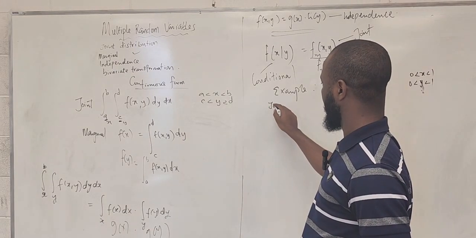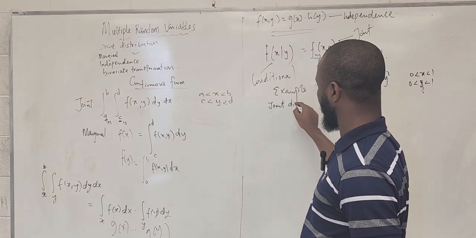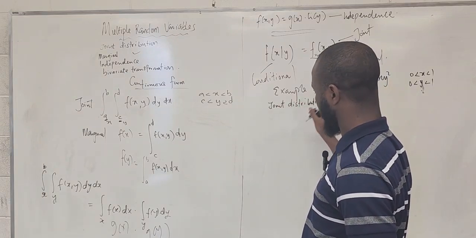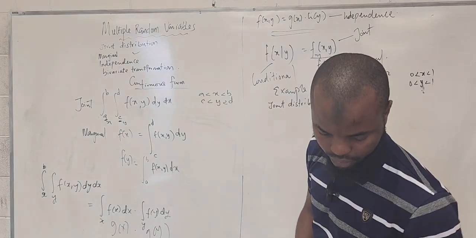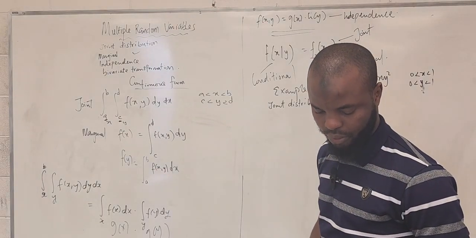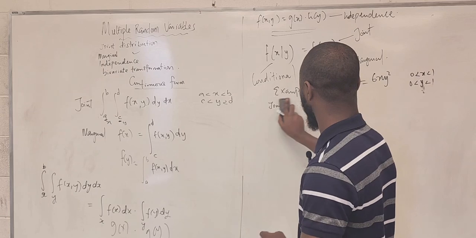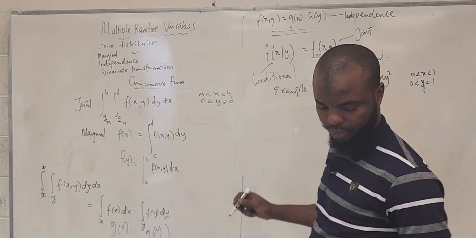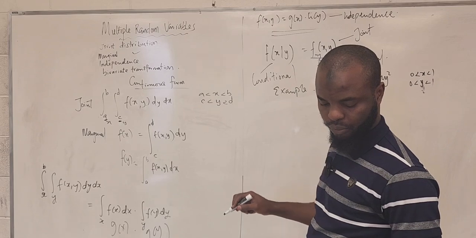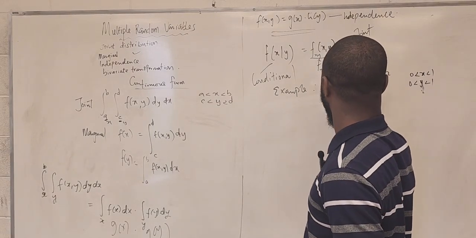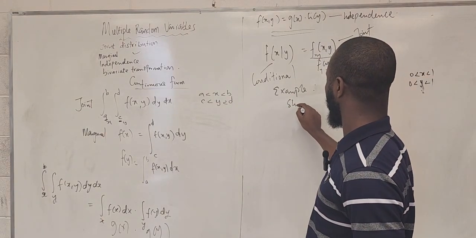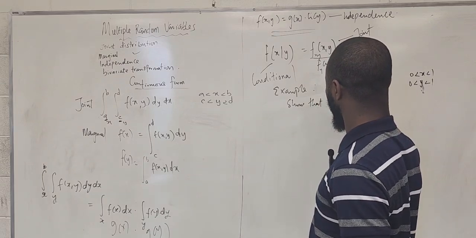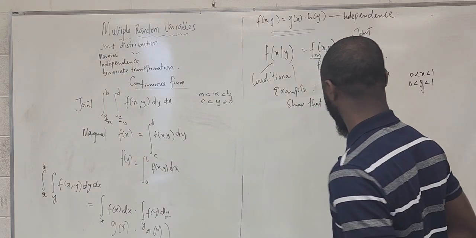The joint distribution, or integration. So this is the joint. You want to show that your f of x comma y integrates to 1, that is a PDF.